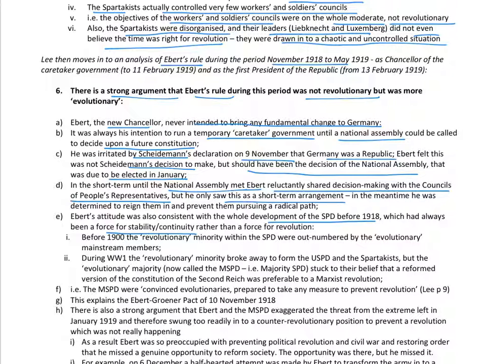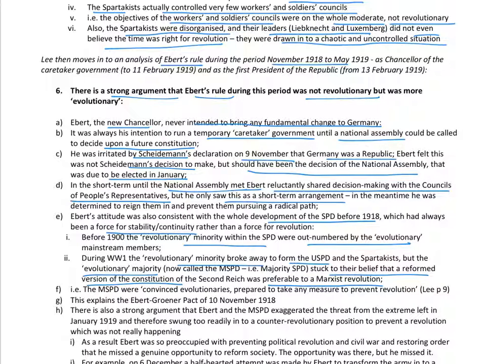Before 1900, the revolutionary minority within the SPD were outnumbered by the evolutionary mainstream members. The revolutionary minority were the USPD, and the USPD, of course, broke away during World War One. The evolutionary majority, now called the MSPD, stuck to their belief that a reformed version of the Constitution was preferable to a Marxist revolution.